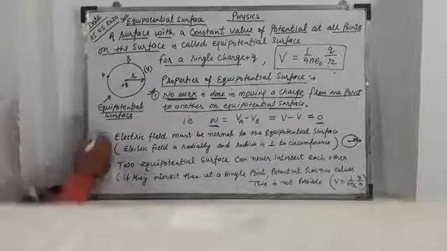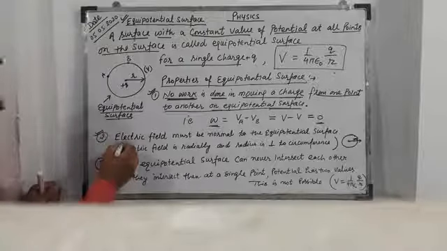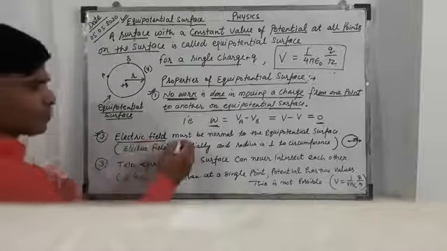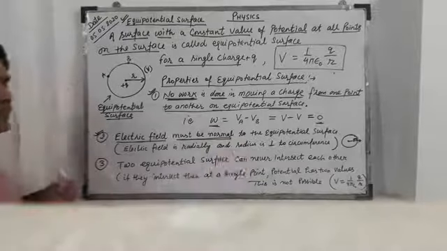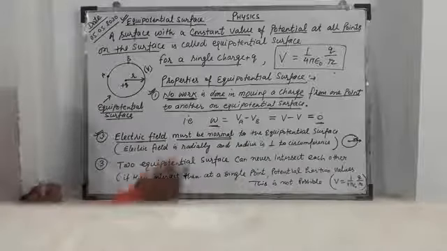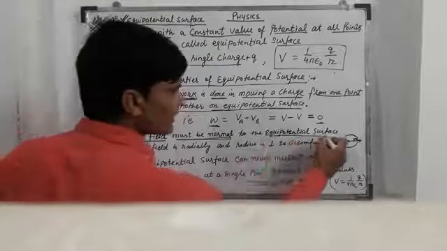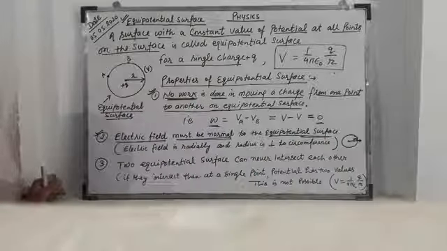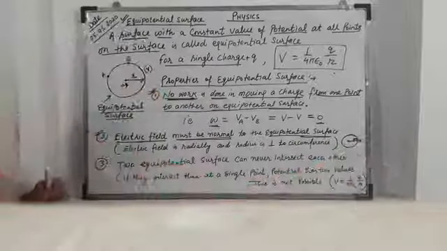The second property is that the electric field must be normal to the equipotential surface. You can see from the diagram.